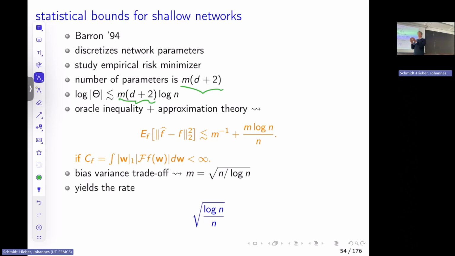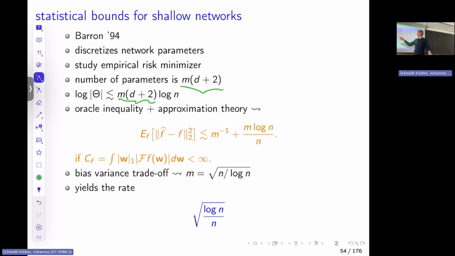And then every one of these parameters you discretize on a very fine grid. Let's say 1/n squared, and you go from n to the minus 100 to n to the 100, and then you have this 1/n to the 50, say, discretization, so a very, very fine discretization. That gives you n to the 50 times n to the 100, n to the 150 discretization points for every parameter.